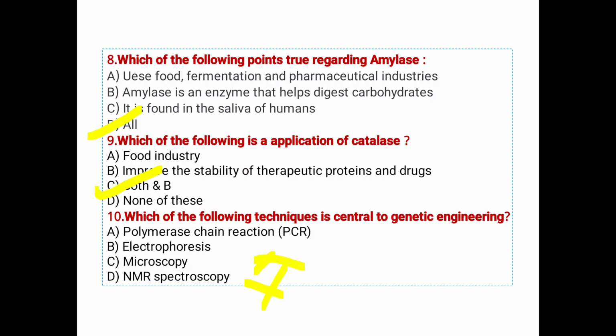Electrophoresis is a separation measure, and then there is polymerase chain reaction. So option A is correct. Polymerase chain reaction is used in the identification of infectious disease as well as criminal investigations. This is also a role of polymerase chain reaction.